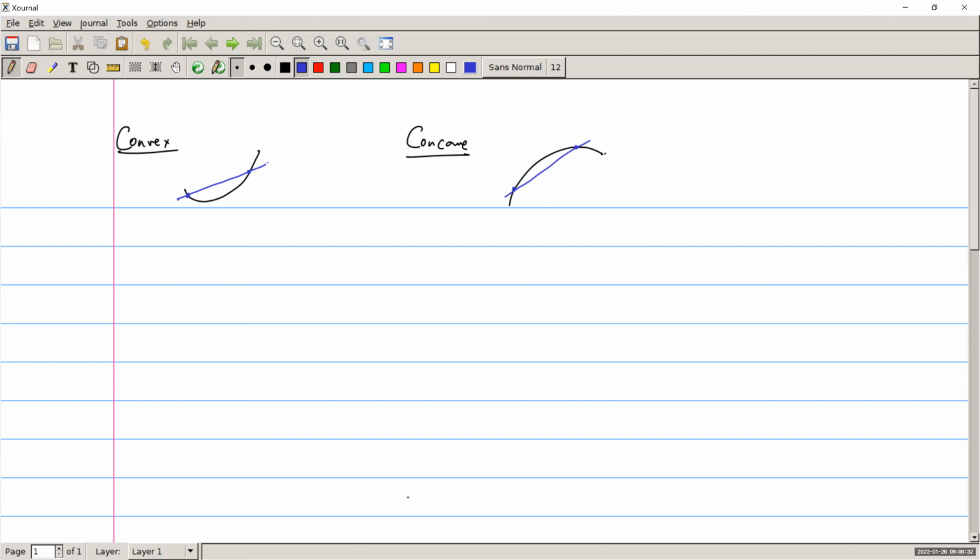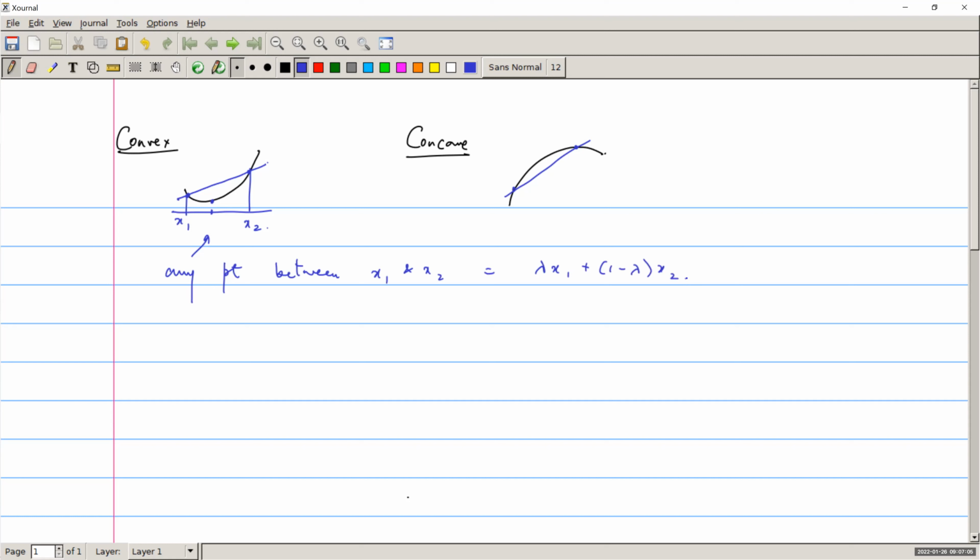One way to write this formally is to say that in a convex function, suppose this is x1 and this is x2, any point in between x1 and x2 is lambda times x1 plus 1 minus lambda times x2.